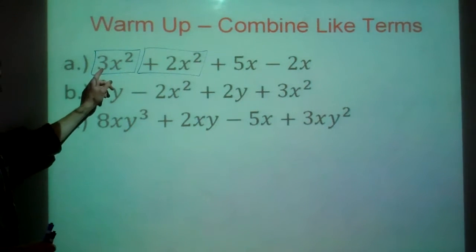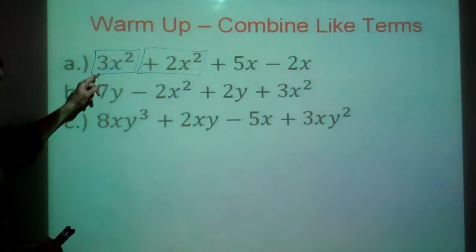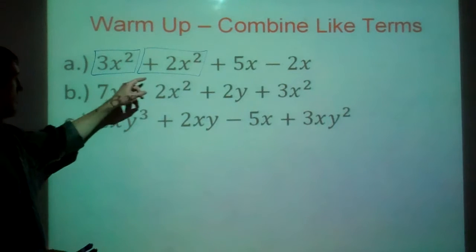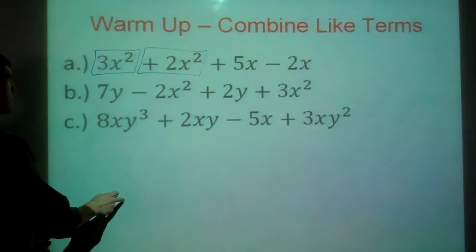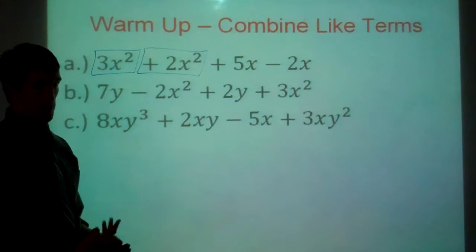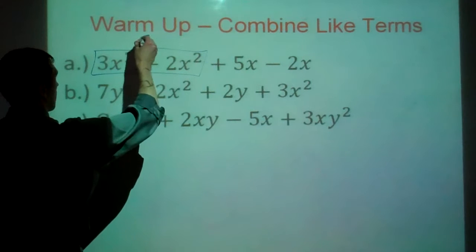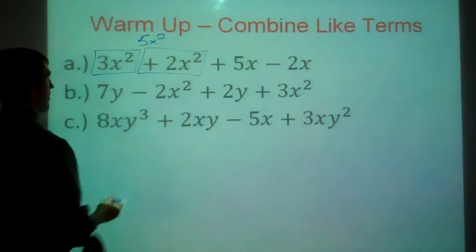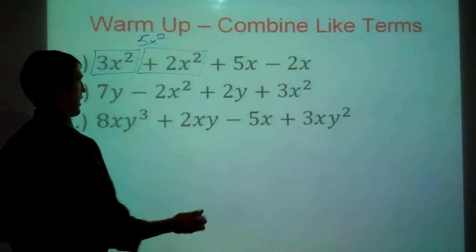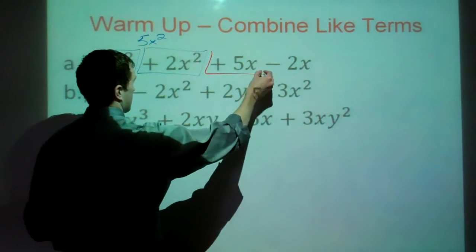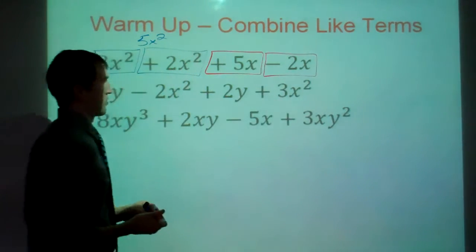This technically means 3 plus 2, which if you want to think about it, this means we have 3x squareds, and this here means we have 2x squareds. So when we combine them, how many do we have total? Well, we have 5x squareds total. Alright? And the others that we can combine are positive 5x and a negative 2x.